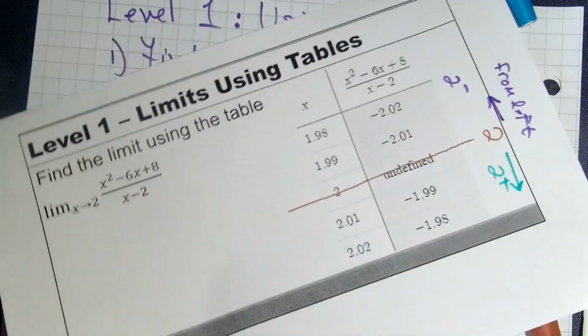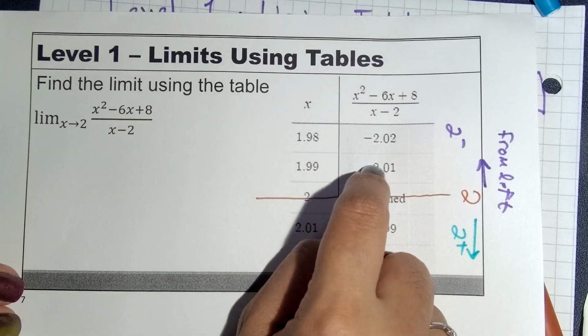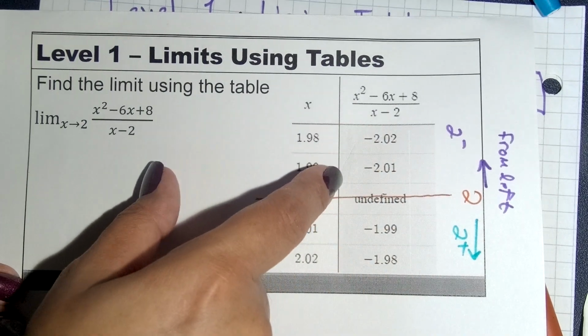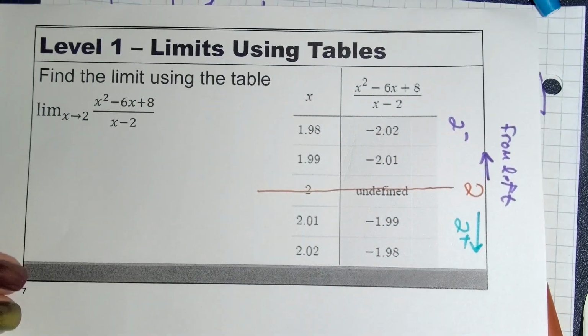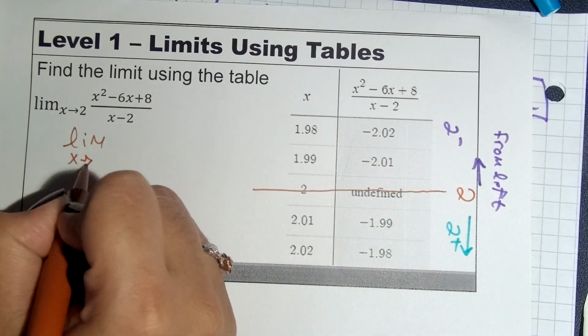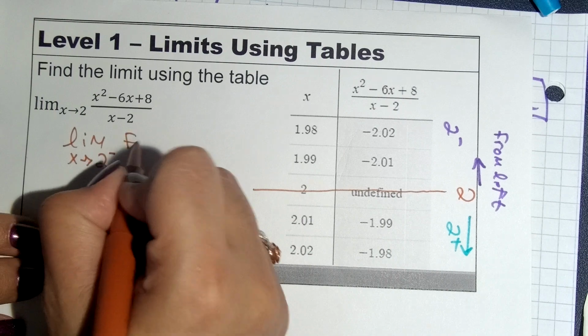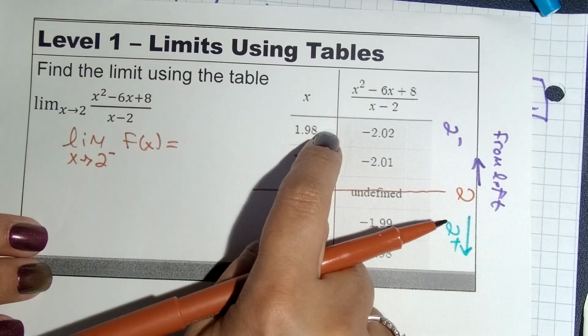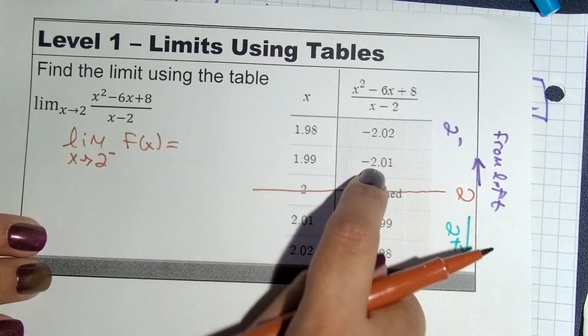We want to look at what happens to the values as it gets closer to 2. So as I get closer to 2, what is the value getting closer to? We have the limit as x approaches 2 from the left of f of x. What is it rounding to? What's it getting closer and closer to?